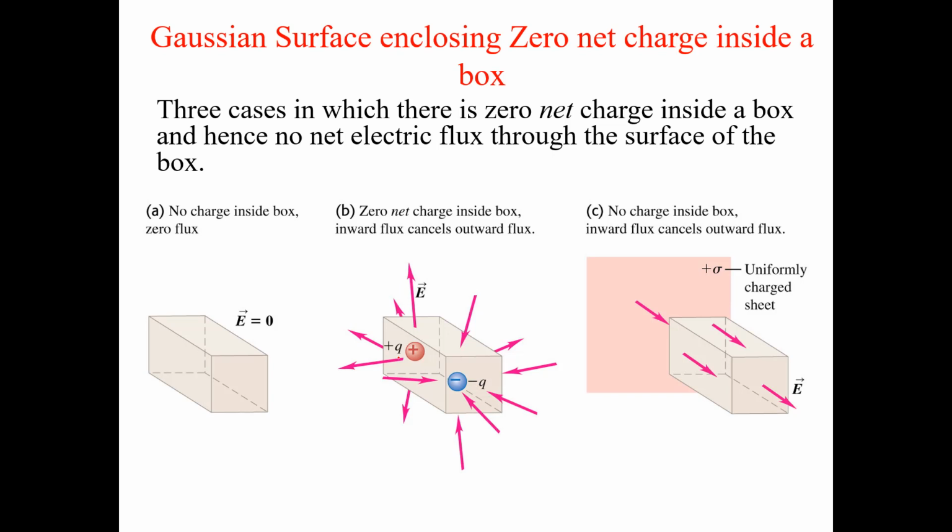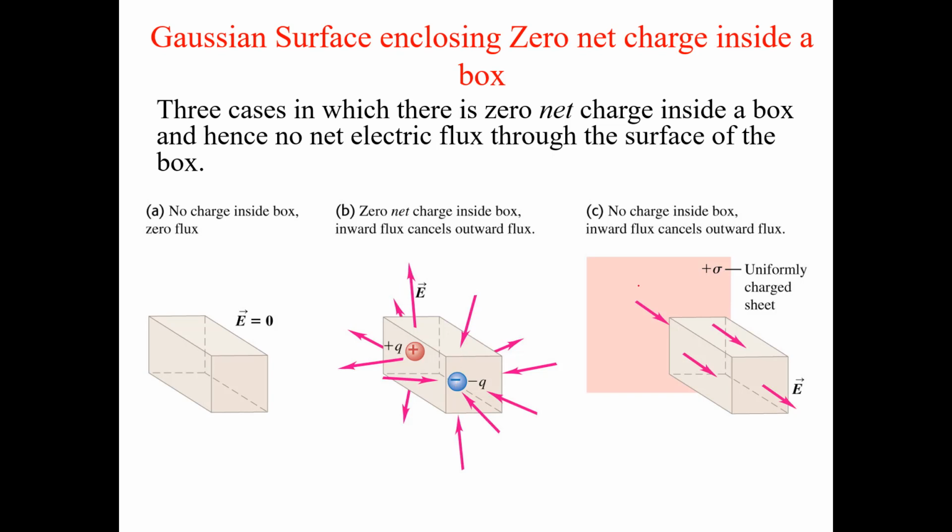So there is flux going out from the positive charge, and flux coming in, or field lines, due to this negative charge.